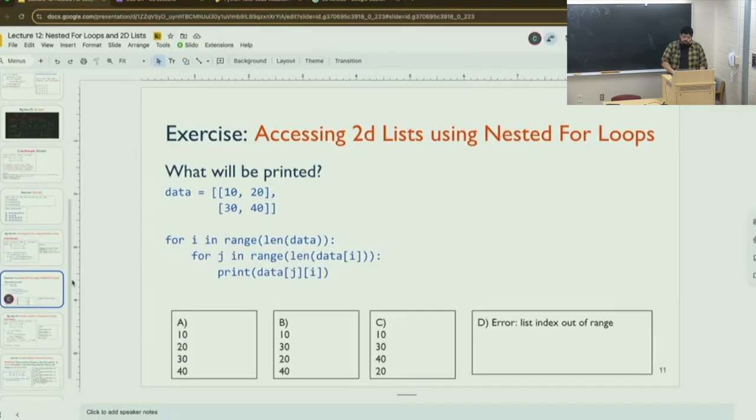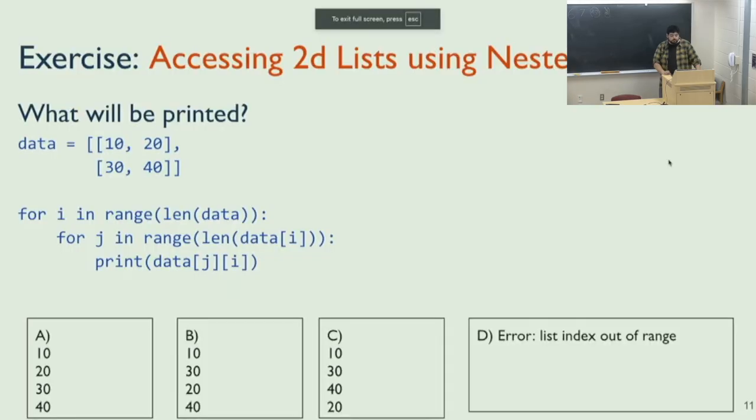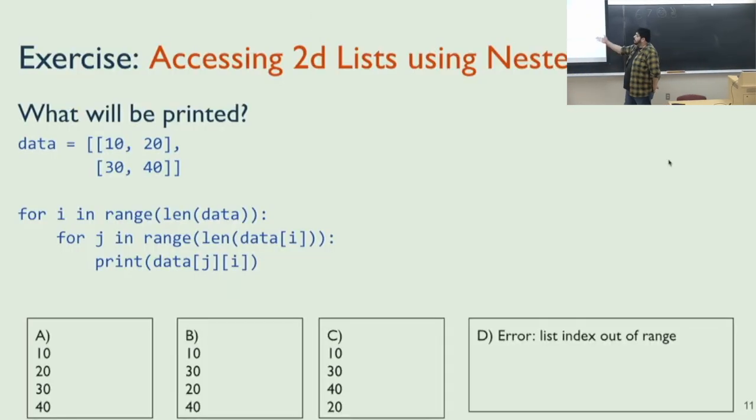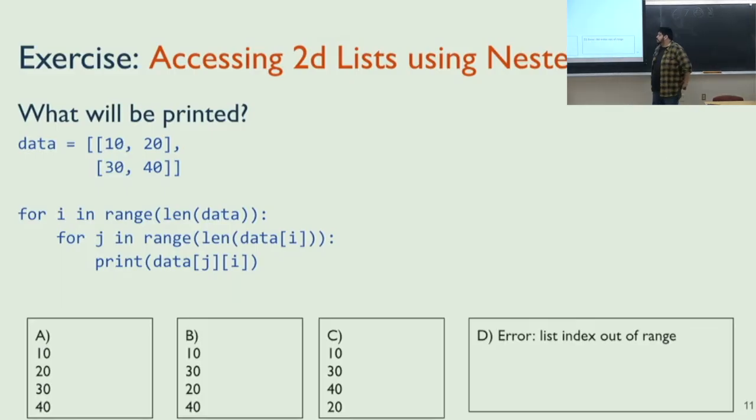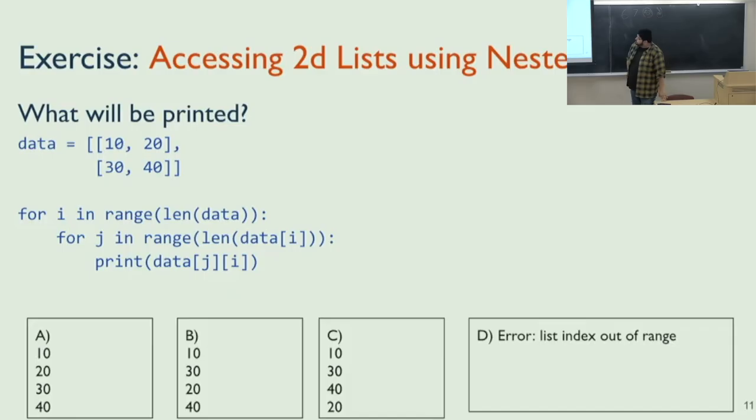Well, let's continue on. What's going to happen here? Accessing a 2D list using nested for loops, and we have this. What's going to happen when we do that? What will get printed?